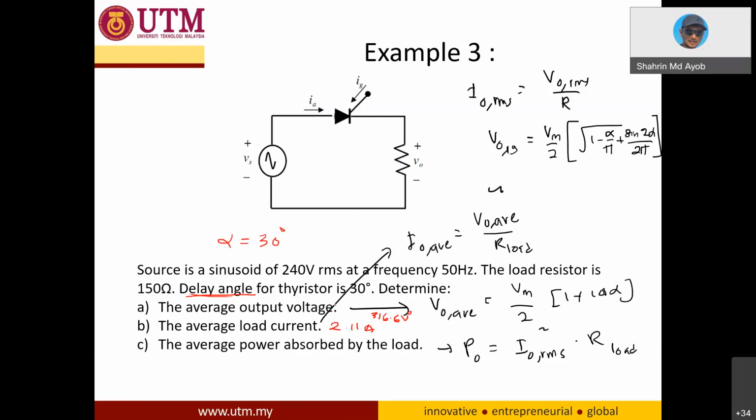And then for the average power output, you can either use this one, V out RMS multiply with I out RMS, or this one, I out RMS squared multiply with R load.